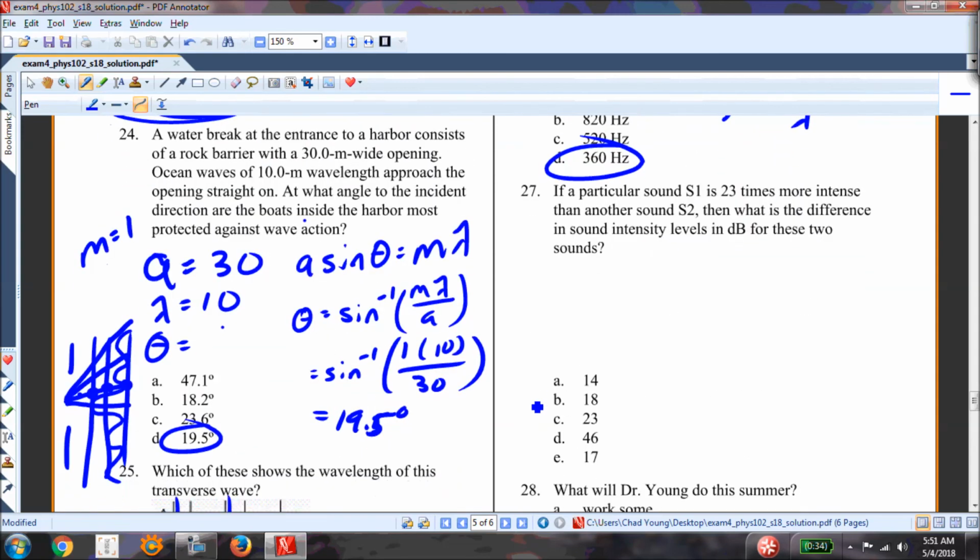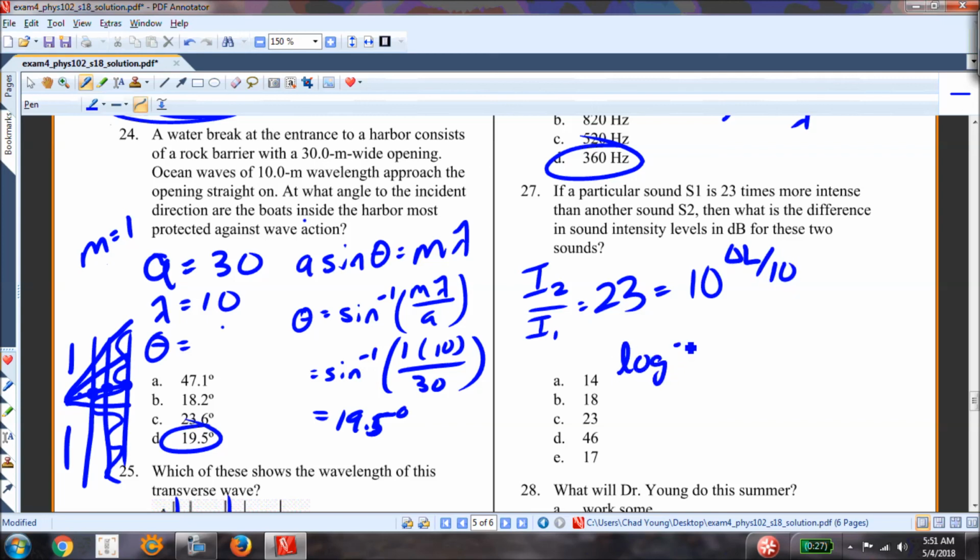A particular sound is 23 times more intense. So what I'm doing there is I2 over I1 is 23. And I want to know what is the difference in the sound intensity levels. This is equal to 10 to the delta L over 10. So I have to take the log of both sides.